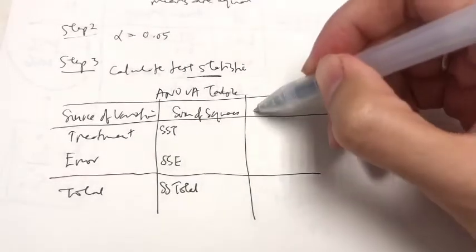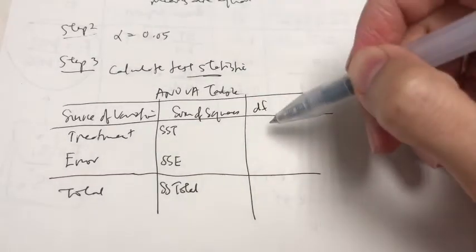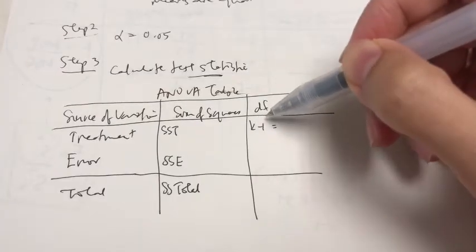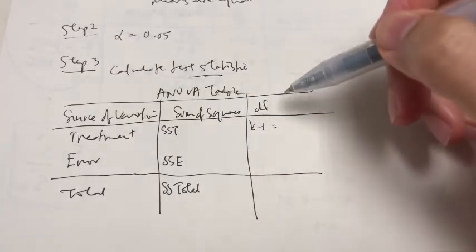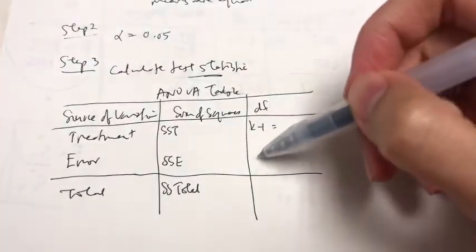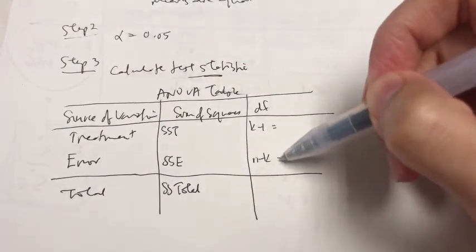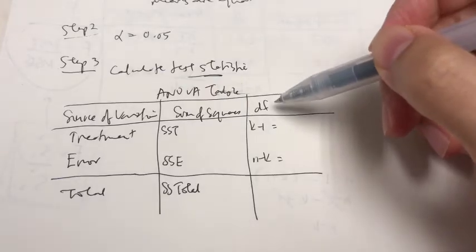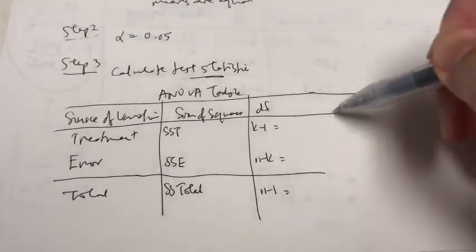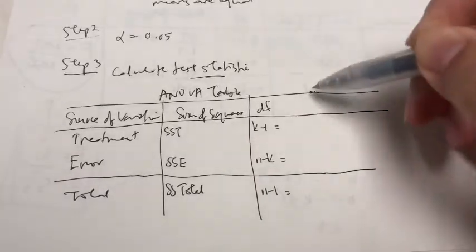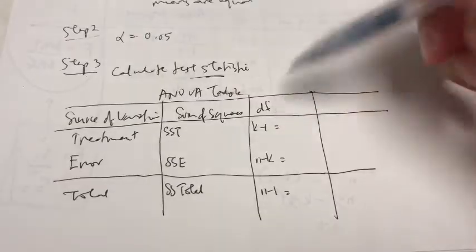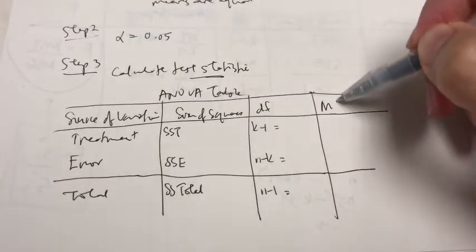Now the next column is the degrees of freedom. The degrees of freedom for the treatment is K minus 1. The degrees of freedom for error is N minus K, and the degrees of freedom for total is N minus 1. Then we take the sum of squares divided by the degrees of freedom, and we get the mean square.